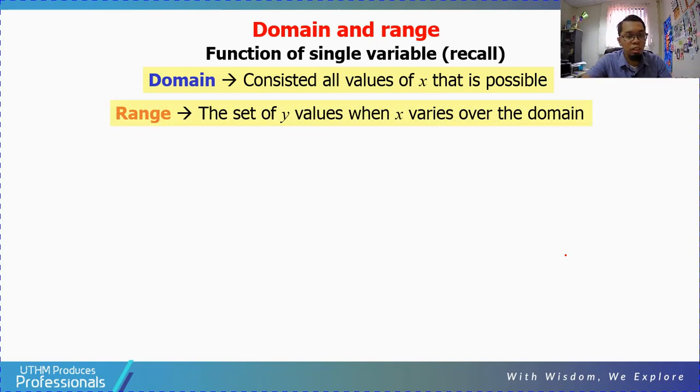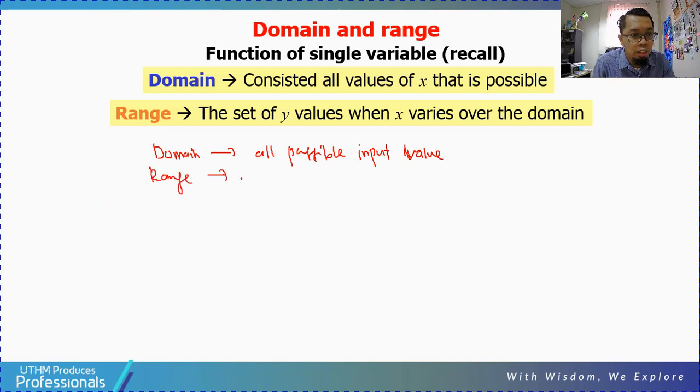In simpler words, the domain is all possible input values. Range is all possible output values.